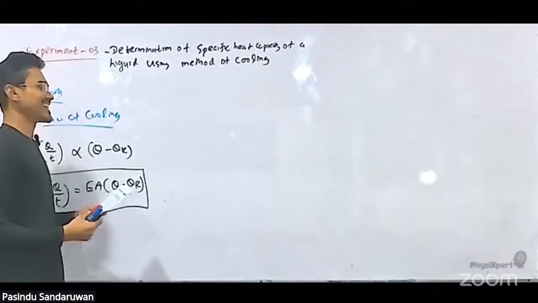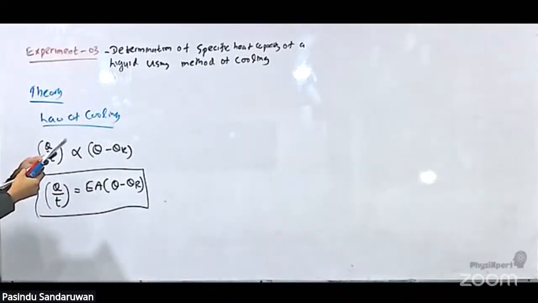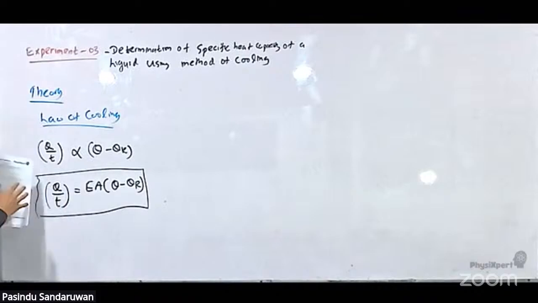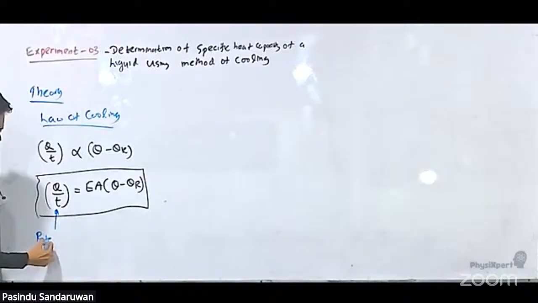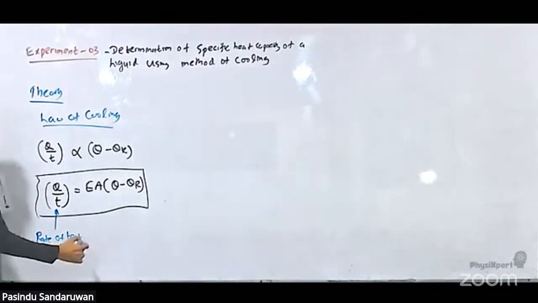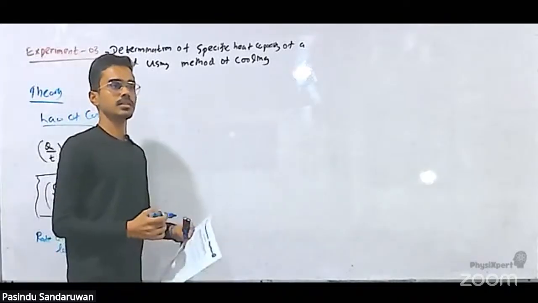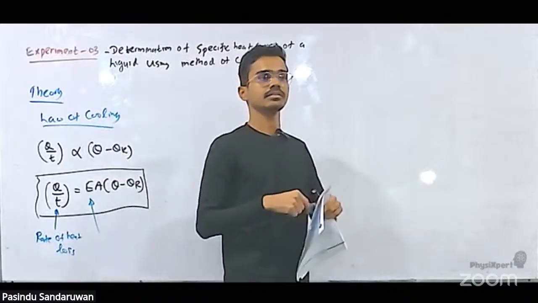Right, listen. What are these terms? Now we need to recall this theory. What is Q over T? It is the rate of heat loss. I am introducing the rate of heat loss here. What is E?